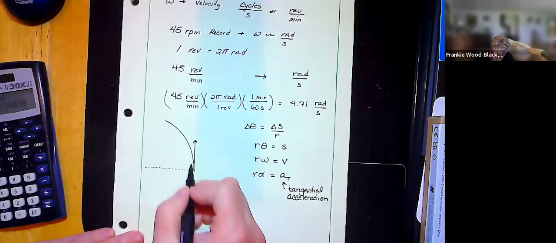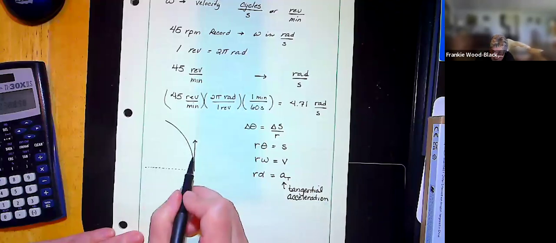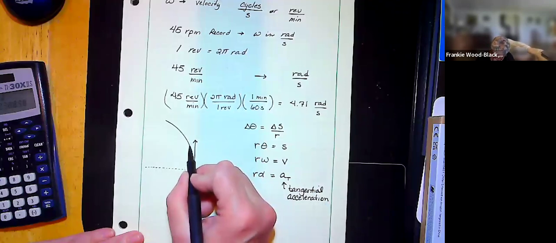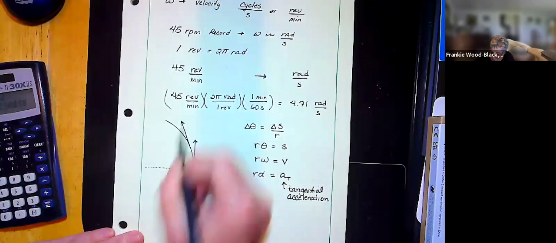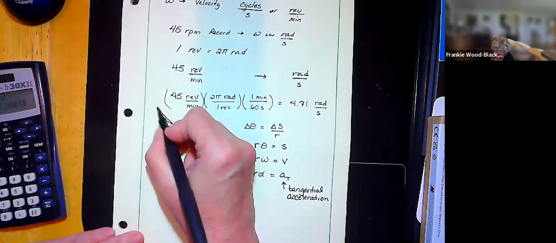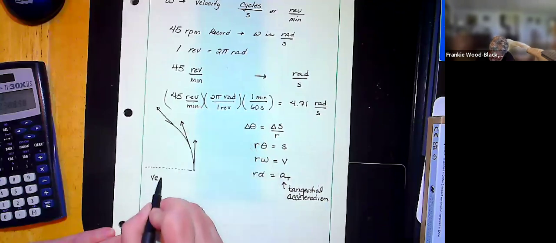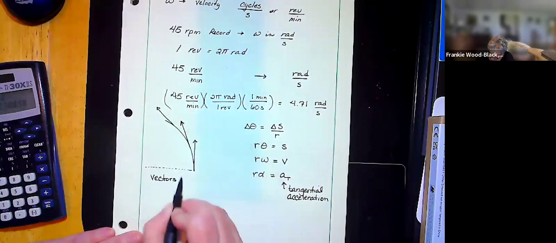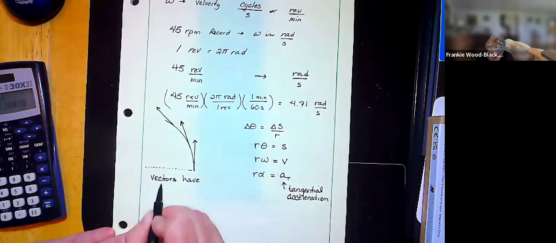Because even if I'm going at a constant linear velocity or a constant speed, I am going to get an acceleration, because remember, vectors have direction and magnitude.